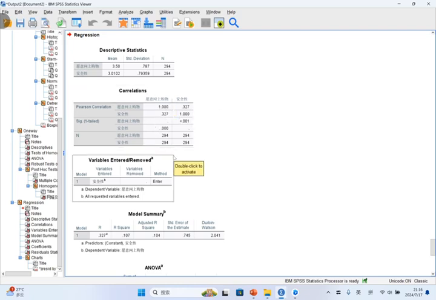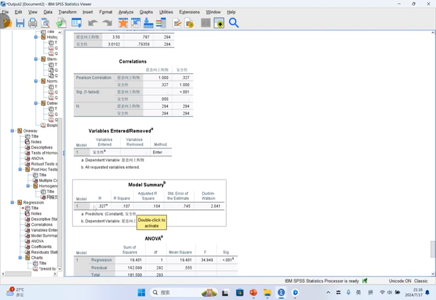And this 0.107 is the so-called coefficient of determination, which reflects the explanatory power of the regression model, that is, the degree to which the Y variable is explained by the independent variables, or reflects the fitness or goodness of fit of the linear regression model formed by the independent variables and the dependent variable.